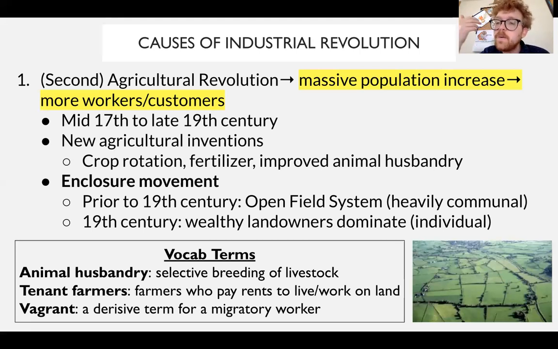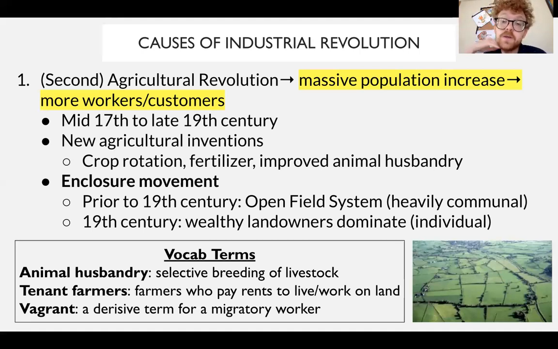But anyway, we are seeing a mass movement that is kicking farmers off of their land. So we have a whole bunch of people because there's new types of food, but we have a limited space for these people to work as farmers. The land is now owned by huge land owners, and we don't have this open field system anymore.